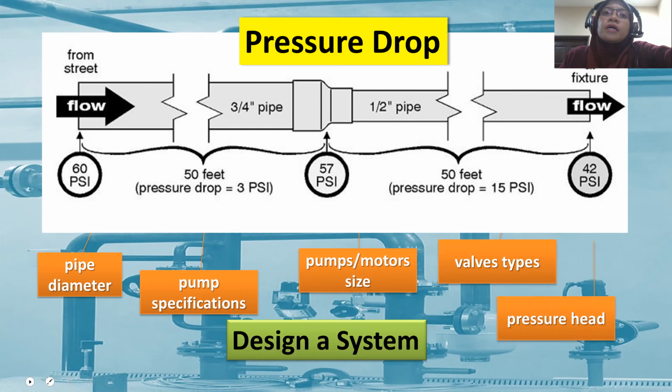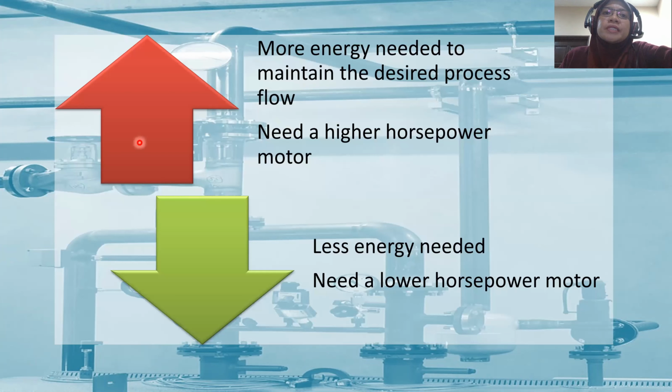If the pressure drop is high in the pipeline, more energy is needed to maintain the desired process flow. Thus, a higher horsepower motor is required. But if the pressure drop is low in the pipeline, less energy is needed.